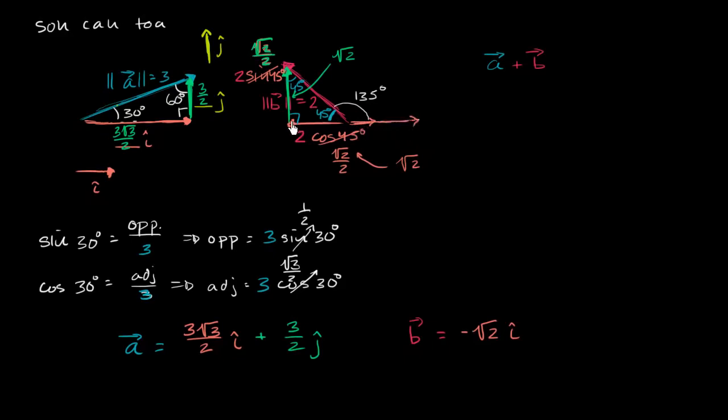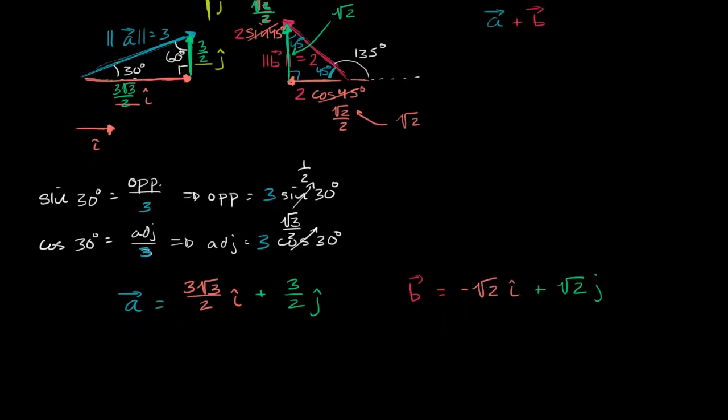So negative square root of 2 would point it to the left. So this is negative square root of 2 times i, and then we're going to have plus square root of 2 times j. And so now that we've broken them up into their components, we're ready to figure out what A plus B is.